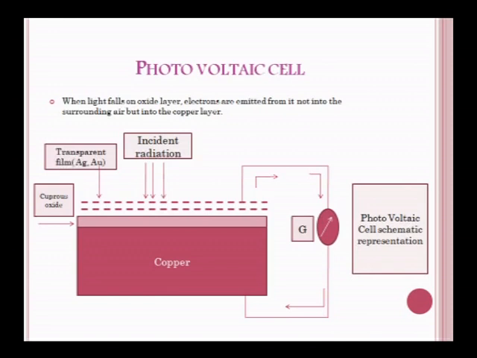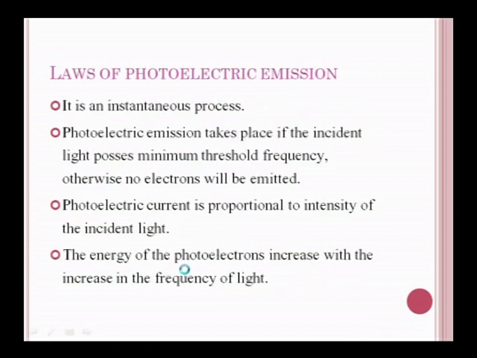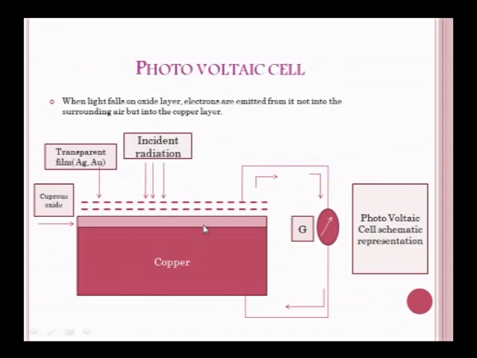From the oxide layer, the electrons will be knocked out and they travel towards the upper surface, and that will constitute a current in the external circuit. So, the galvanometer or the ammeter will show deflections.